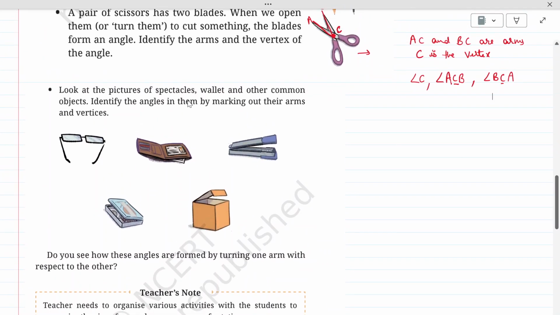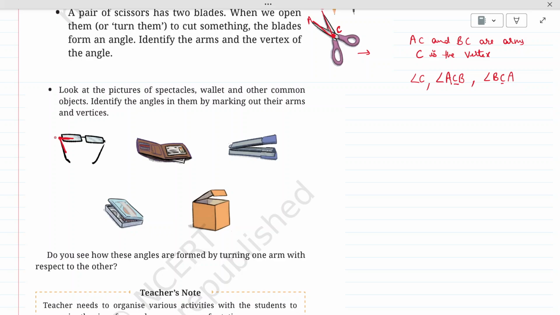Look at the picture of spectacles, wallet, and other common objects. Identify the angle in them by marking out their arms and vertices. So kids, I am marking it here. This and this, these two are at an angle with each other. So this one is the vertex.